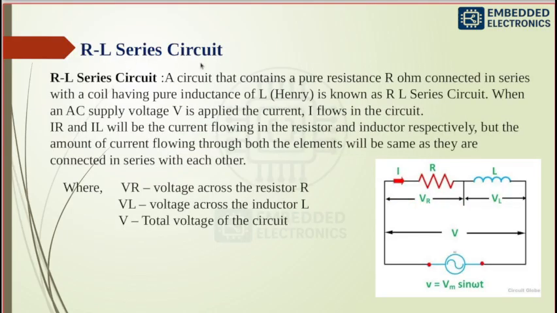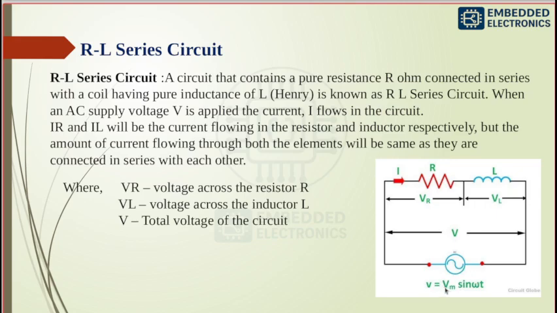Next is the RL series circuit. Here we need to connect R and L in series. R means resistance and L means inductance. This is in ohms and this is in Henry. When the AC supply voltage V is applied, the current I flows in the circuit.